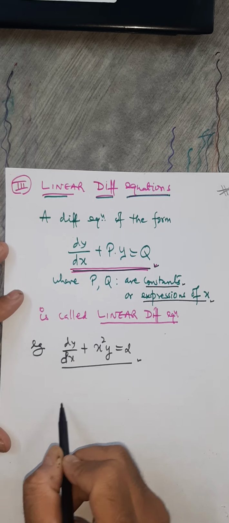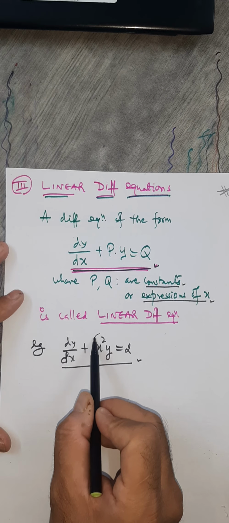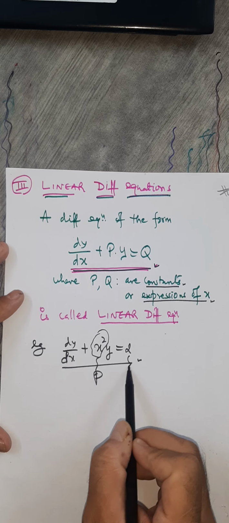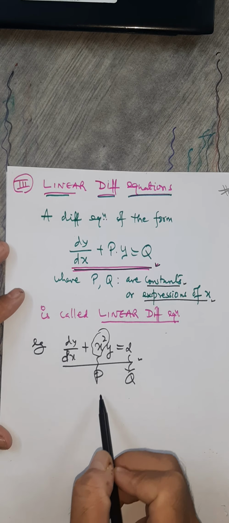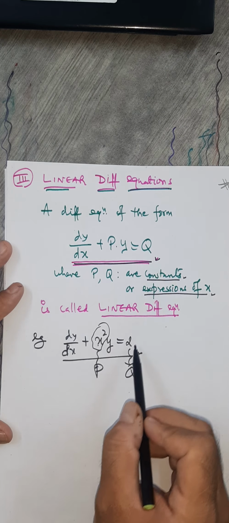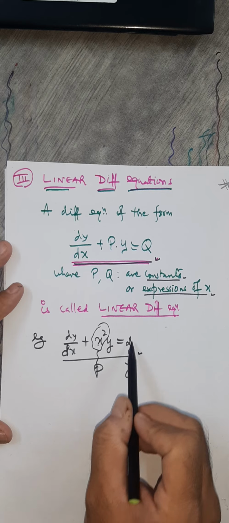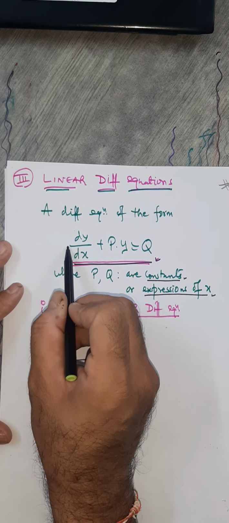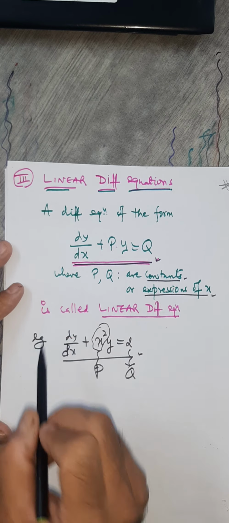This is a linear differential equation. Now look, here p is x square, and q is a constant. The coefficient of y is x square, that's p, and the right hand side is q. Remember, the coefficient of dy by dx here is 1.